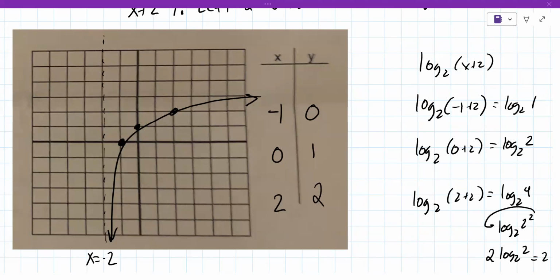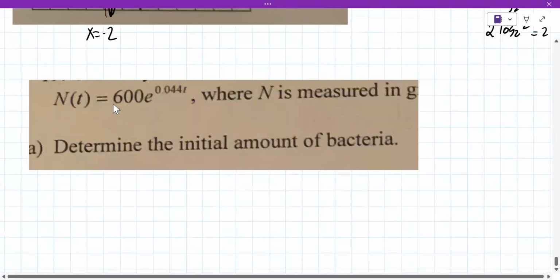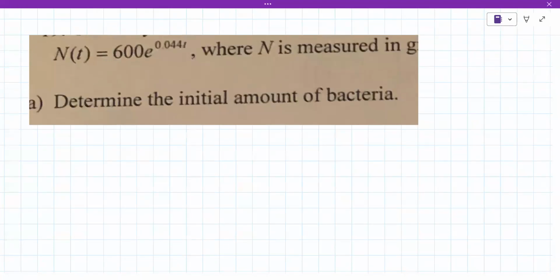Okay, here we go. 19A. All right, so I couldn't snip in everything, but it says determine the initial amount of bacteria. What that means in terms of the function is you're saying, okay, t is 0. So what is N of 0?